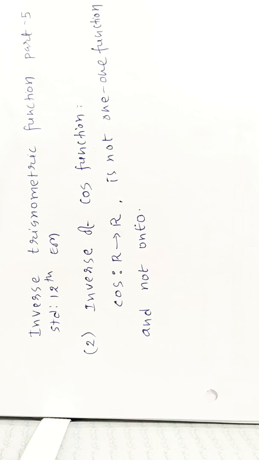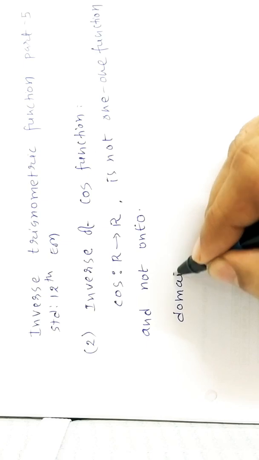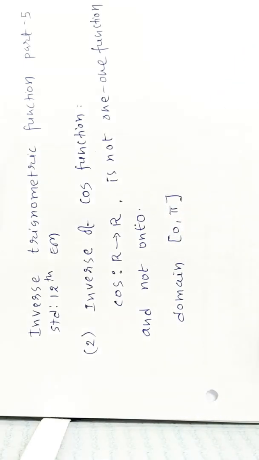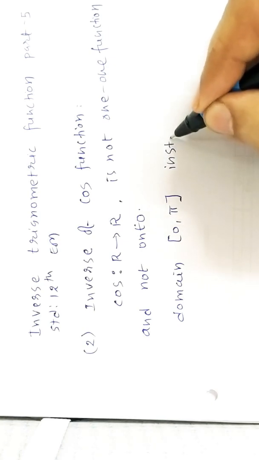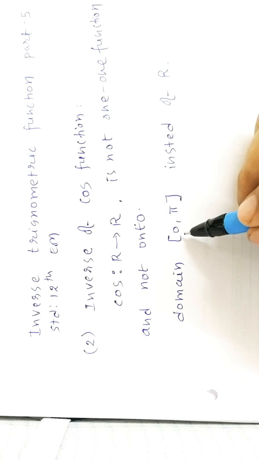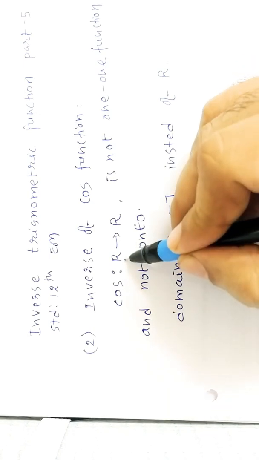If we want to define the inverse of the cos function, we shall take the domain 0 to pi instead of R. Here 0 to pi is called the restricted domain of the cos function.